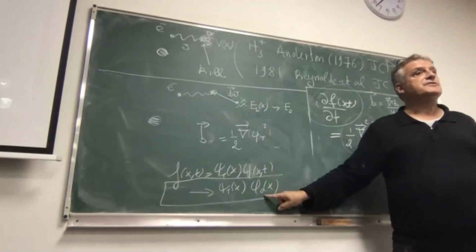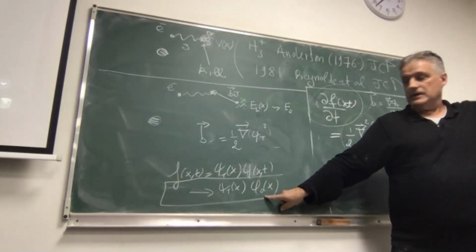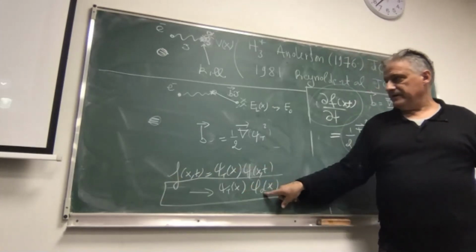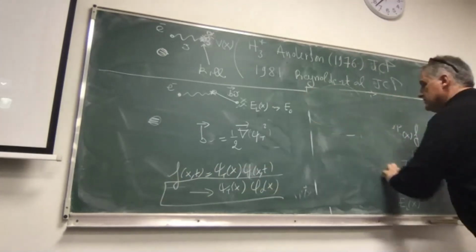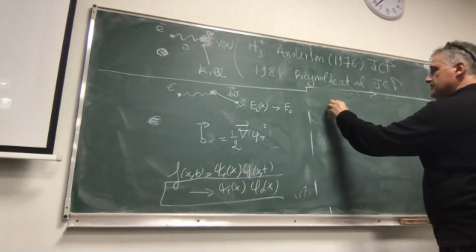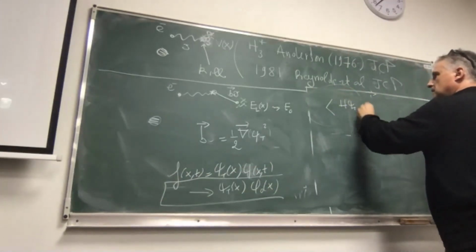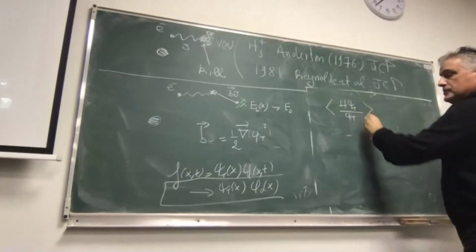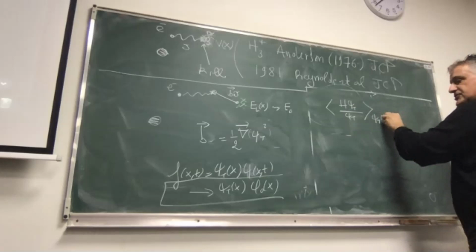We saw in the first equation that phi 0 is the ground state at the large time limit, if I multiply by psi t. So now, for example, take the average of the local energy over the distribution you get at large time.